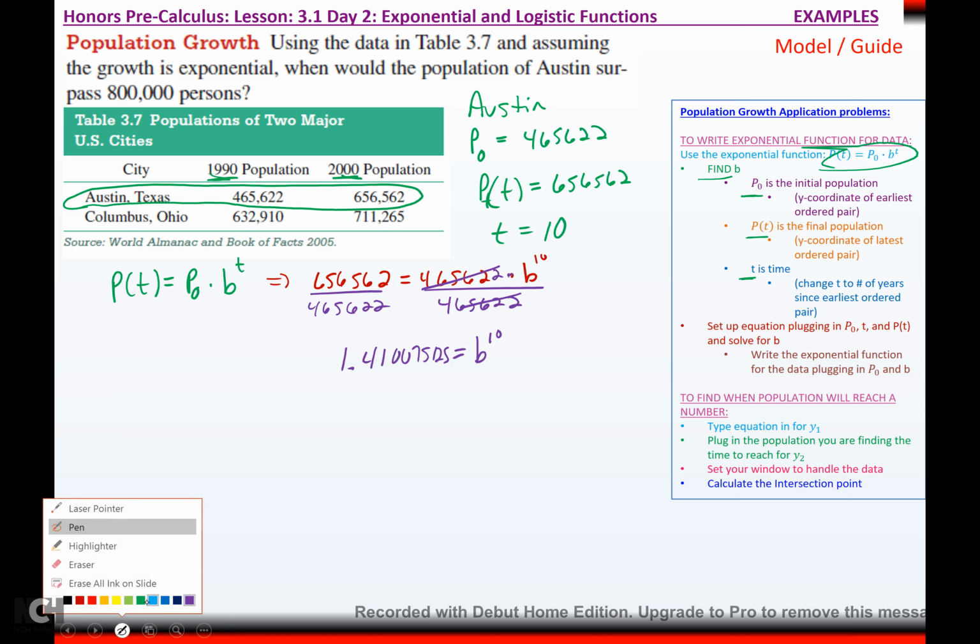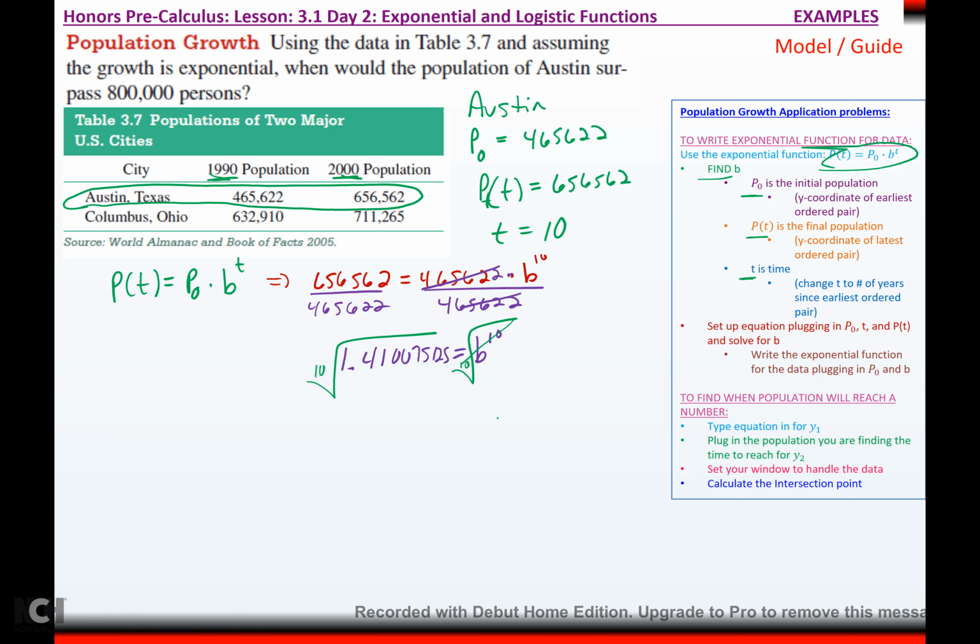So now, to get B alone, I got to get rid of that 10th degree, which means I'm going to take the 10th root. Okay, that would cancel that and gives me my B. So to type this in, you're going to type 10, hit your math key, hit choice 5, and then type 1.410075125.